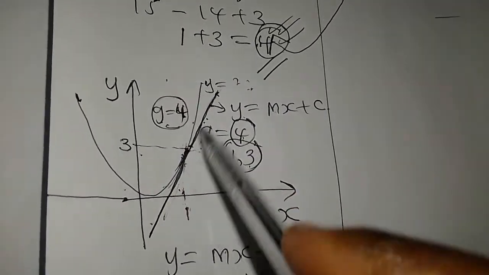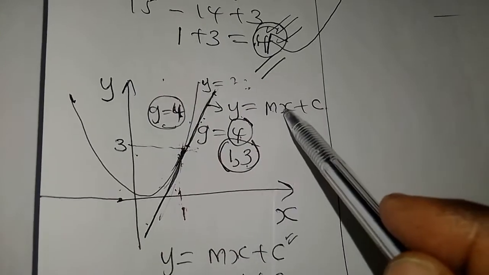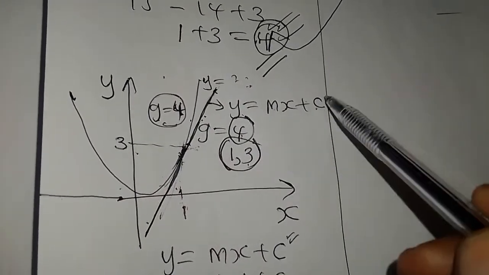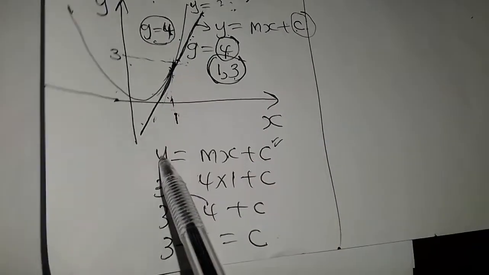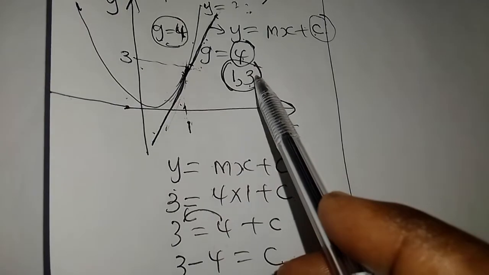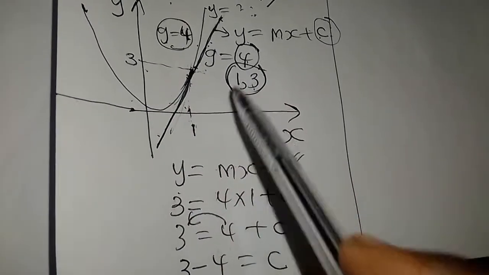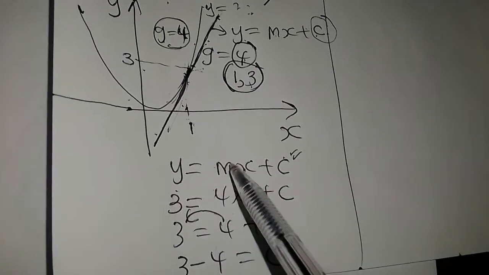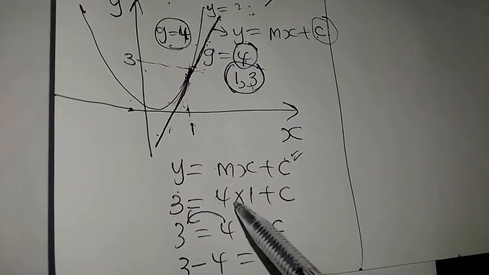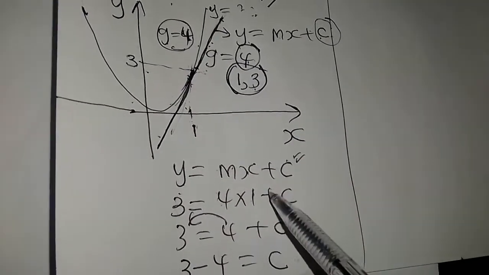So how do I get the equation of this tangent? y equals mx plus c, the form in which the equation of a straight line is given. So I'll just replace to get the value of the constant. y is the value of this part, and it's actually 3. So 3 equals 4, the gradient, which is the same, times 1, the value of x, then plus c.